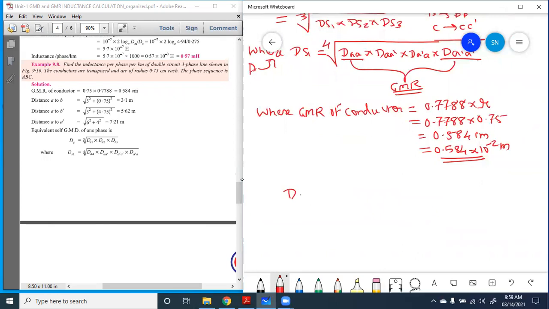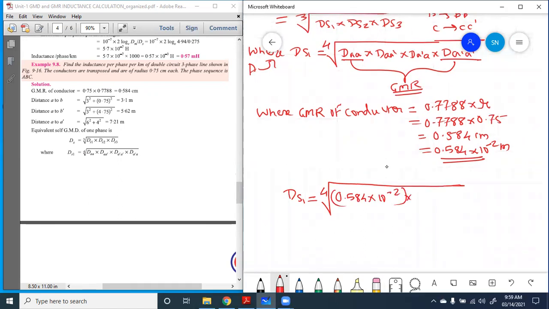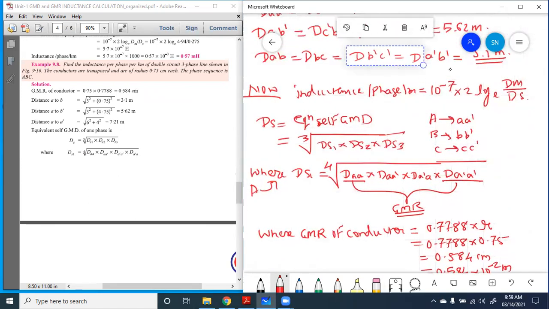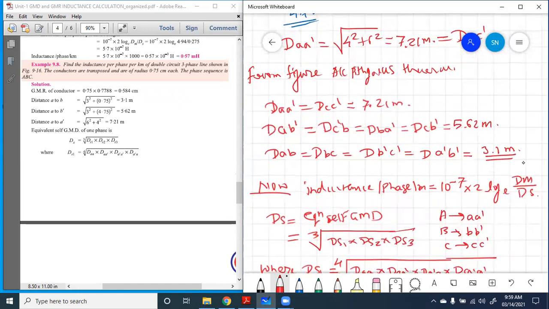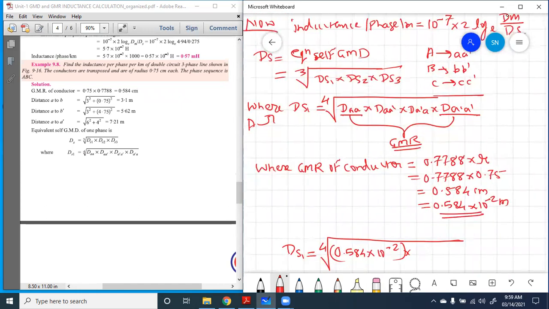Next, what is Ds1? Put the values. Ds1 is equal to the fourth root of Daa, GMR 0.584 into 10 raised to the power minus 2, into the distance between conductor A and A'. What is that distance? That is 7.21.